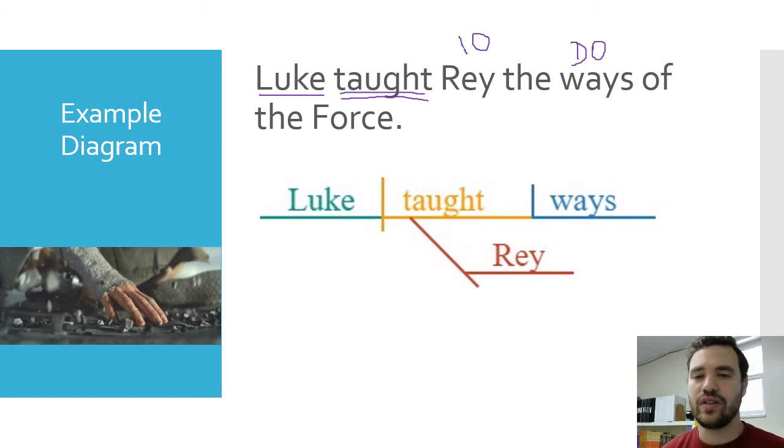So we've got our subject Luke, vertical line cutting through, our verb taught, vertical line that stops, the direct object ways, and then of course underneath we've got the slanted line. Coming off of the slanted line, we've got a horizontal line that has our indirect object Ray.